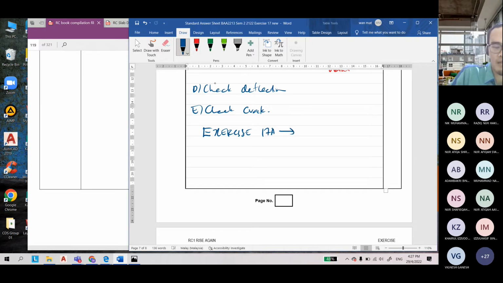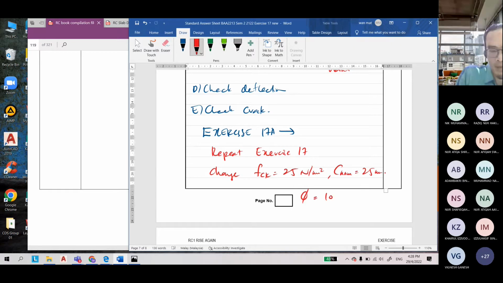Okay, exercise 17A is you just repeat exercise 17, but change the FCK is equal to 25 Newton per millimeter square. And then you change the C nominal to 25 mm, and you change the diameter to 10 mm. Okay, then you try to compare the answer.